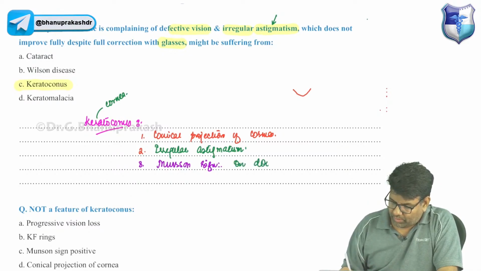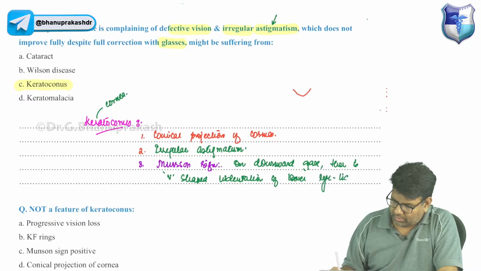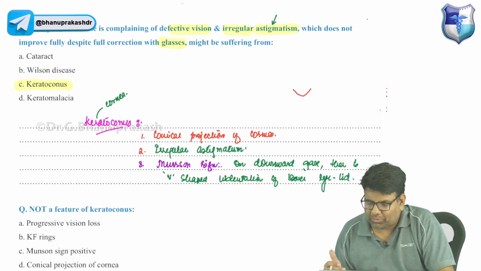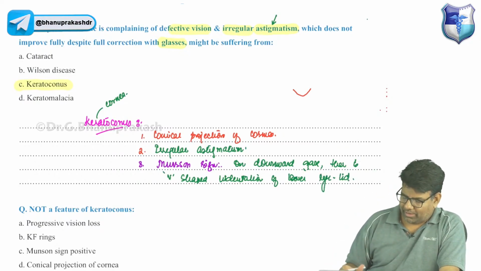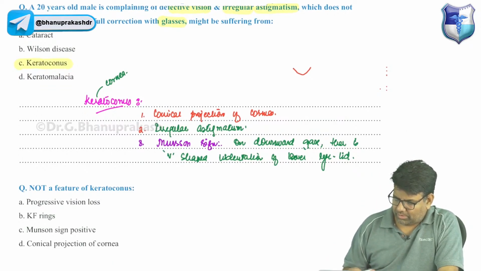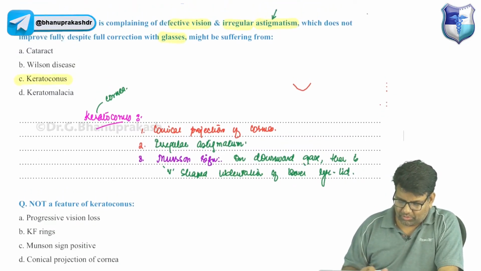On downward gaze, there is V-shaped indentation of lower eyelid. We can also see Fleischer rings and all, but this is the core summary for keratoconus. So please remember this one.